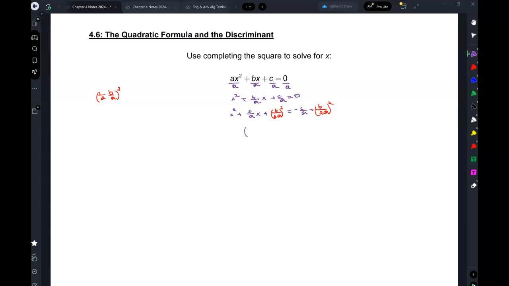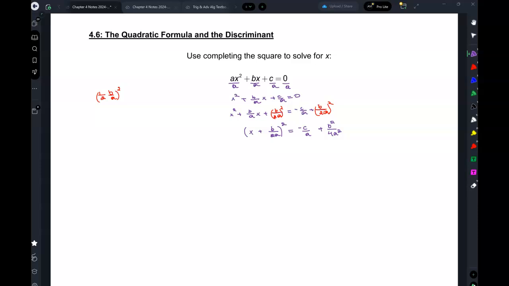Okay, so now it's easy to factor this. We take the square of the first plus the square of the second, the square root squared, equal to, okay, now we have to add this. So it's going to be negative c over a plus b squared over 4a squared. I just squared it. I haven't done any adding yet.